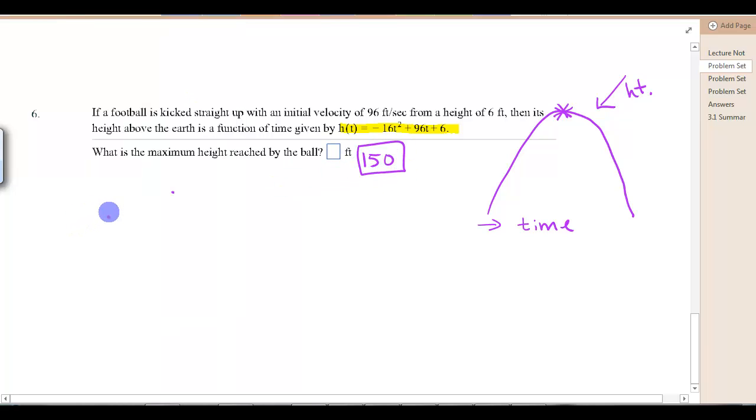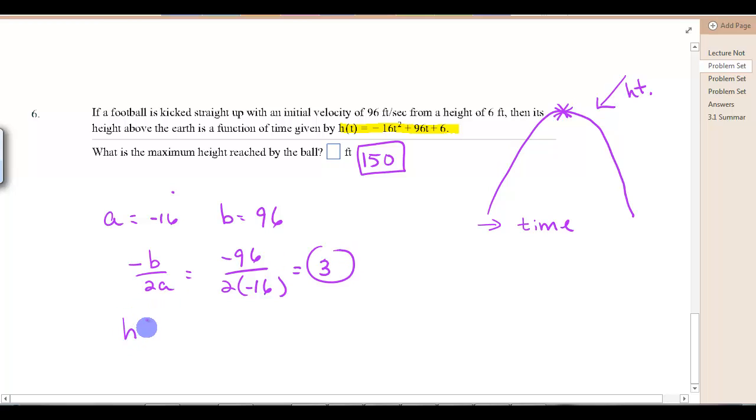If we did use the vertex formula, A is negative 16, B is 96. So negative B over 2A is negative 96 over 2 times negative 16. And that's going to give us 3.